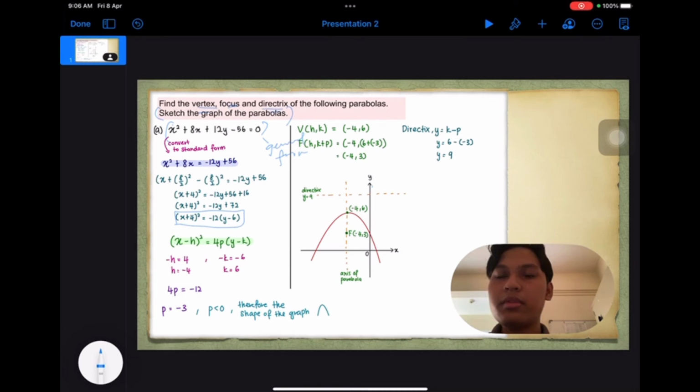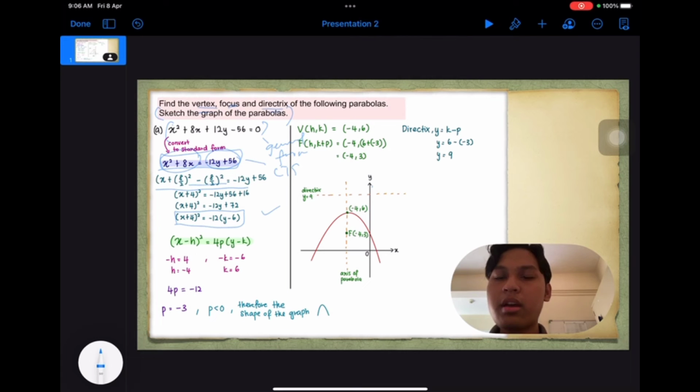If we write like this, we can do CTS, which is completing the square. So we can get the standard form like this: (x plus 4) squared equals -12(y minus 6).